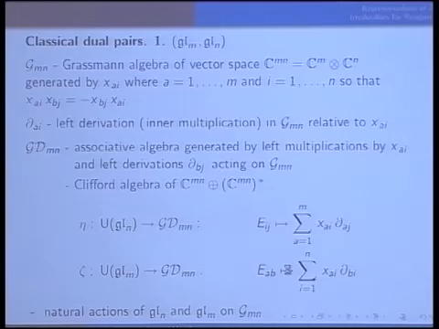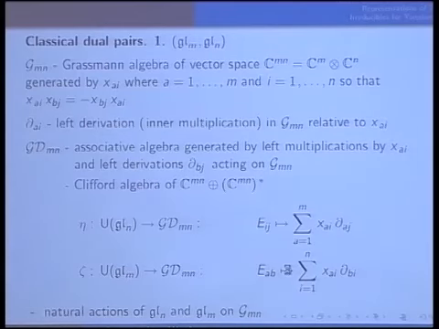Now, for this algebra, we have two embeddings, eta of gl_M and zeta of gl_N, to this algebra. They are written by similar formulas. These are two natural actions of gl_M and gl_N on the Grassmann algebra.